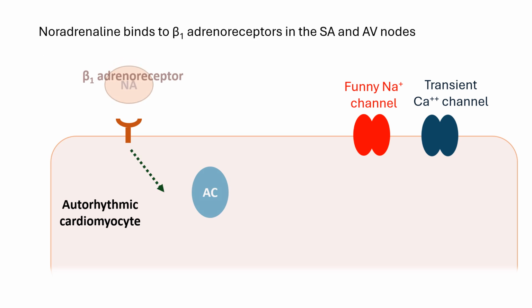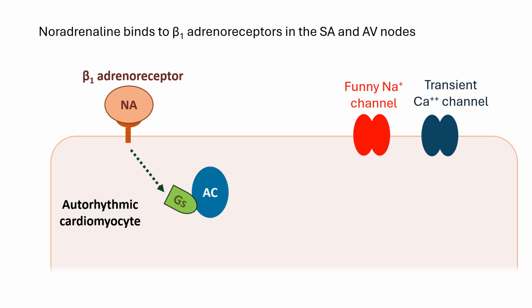So here we have a beta-1 adrenoreceptor, and you've possibly heard of beta blockers. This is what they block. A beta-1 adrenoreceptor binds noradrenaline. It happens to also bind adrenaline, but that's another issue. Noradrenaline is released from sympathetic neurons.